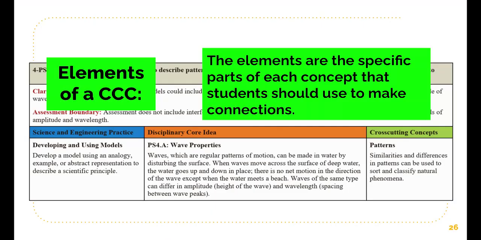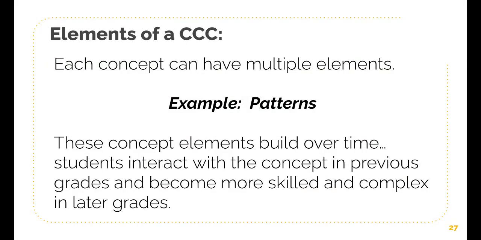Students should use the concept of patterns to make connections across waves, between different kinds of waves and different kinds of settings and different kinds of contexts, looking for similarities in waves in one place and differences in waves in another, in order to explain different kinds of natural phenomena that might involve some type of wave motion.